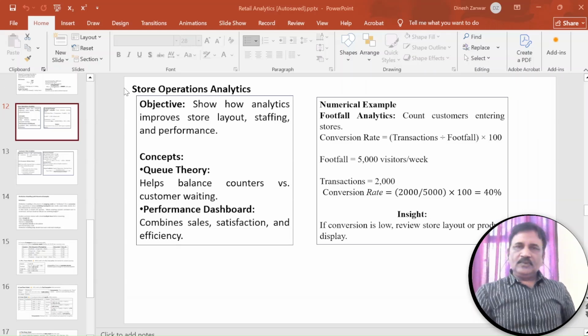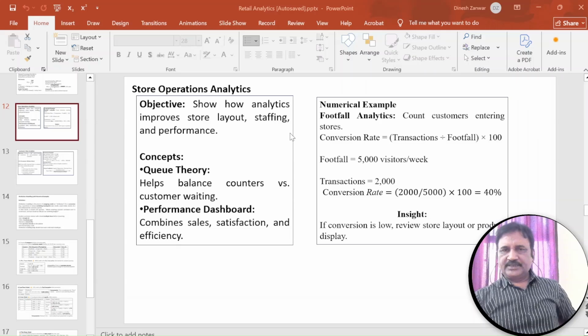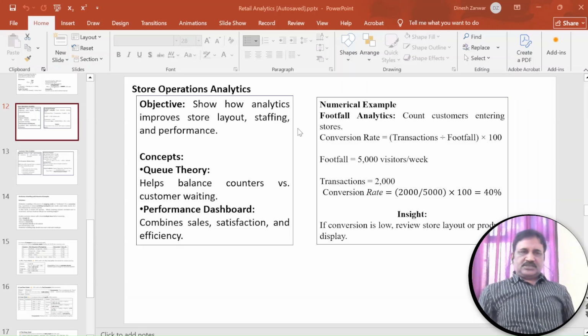So average purchase value 1,000, purchase frequency 10 per year, customer lifespan 3 years, acquisition cost 1,500. So CLV comes out to be 1,000 multiplied by 10 multiplied by 3 minus 1,500. So customer lifetime value is rupees 28,500.